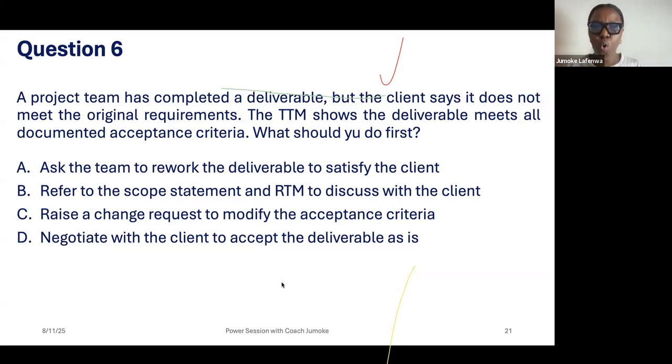So the scope may be refined. It is not scope statement or scope baseline. When you read any question and you see scope statement, scope baseline, you are talking about predictive.